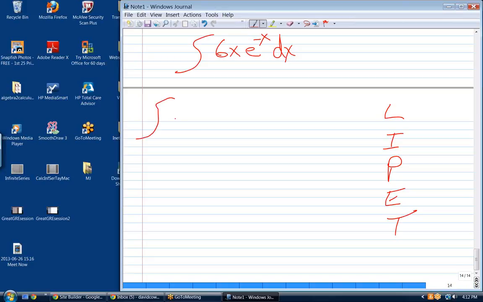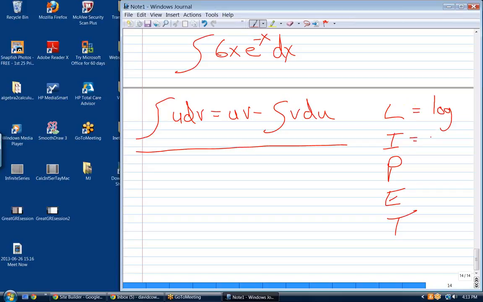What our product rule for integration says is that the integral of u dv is equal to u times v minus the integral of v du. So here's our primary formula we're going to use for parts. Our first step is to figure out what to let u equal and what to let dv equal. And that's where LIPET comes in. You go in the order of this.